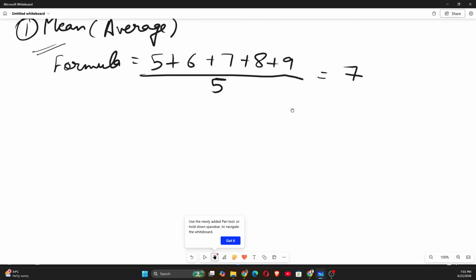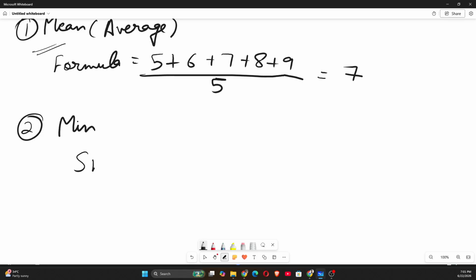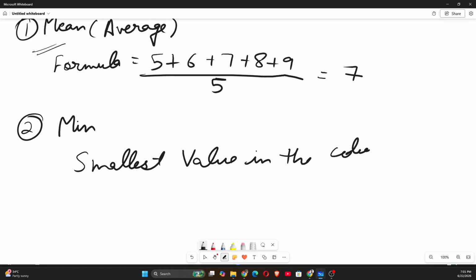Next is min. What is min? Min is basically the smallest value in the column. So it is 5 over here. Okay.